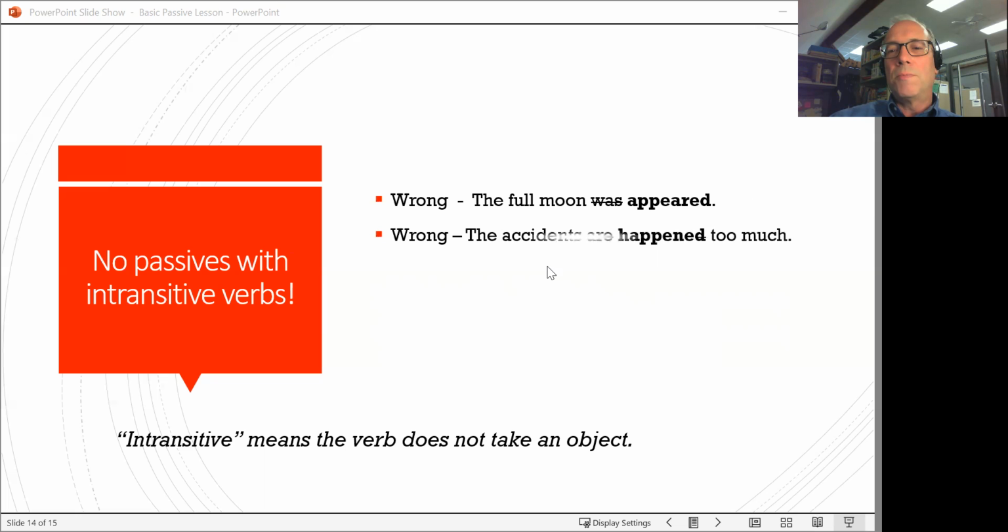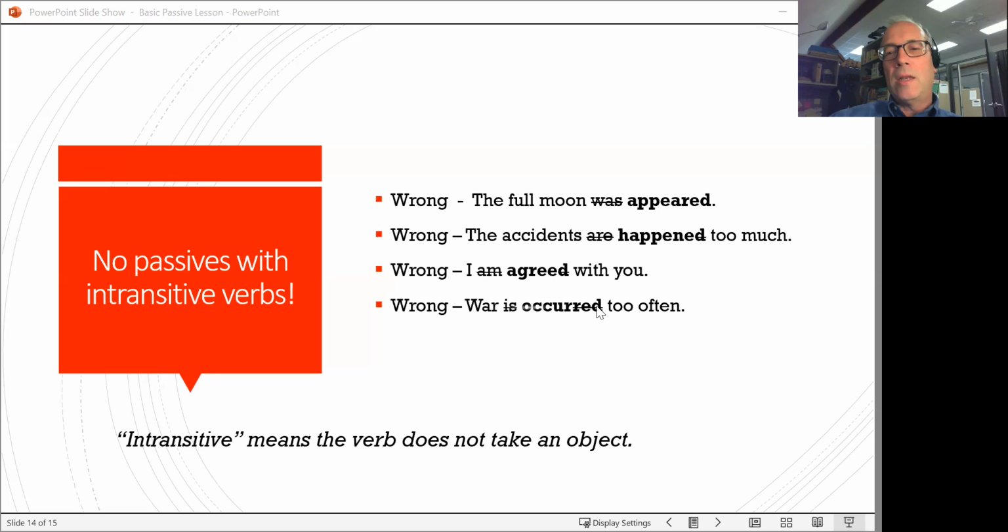Here's another example. The accidents are happened too much. You cannot say are happened. Happen is an intransitive verb, does not take an object. Here's another example. I agreed with you, not I am agreed. And war is occurred too often.